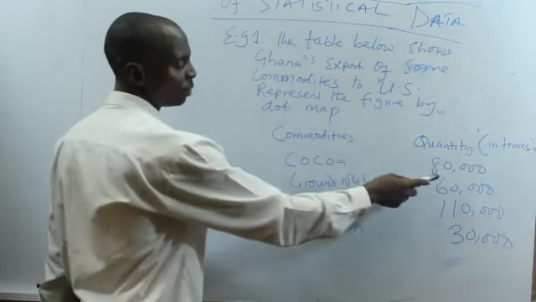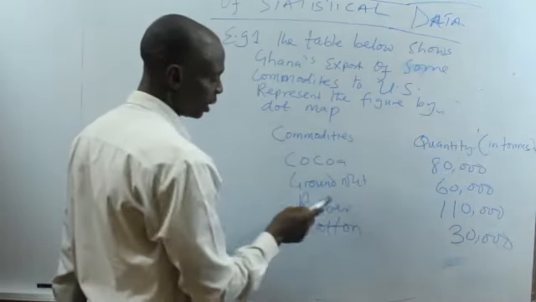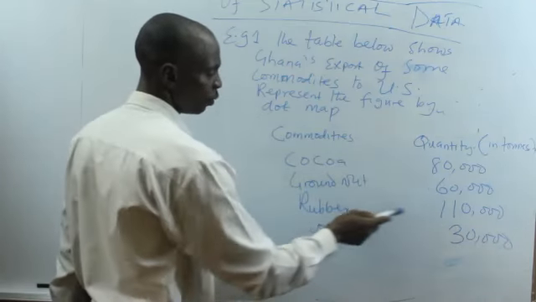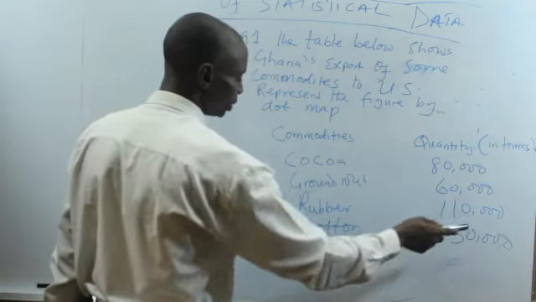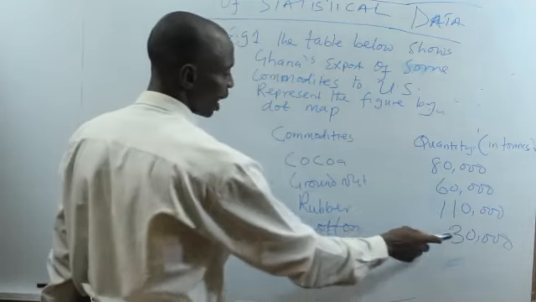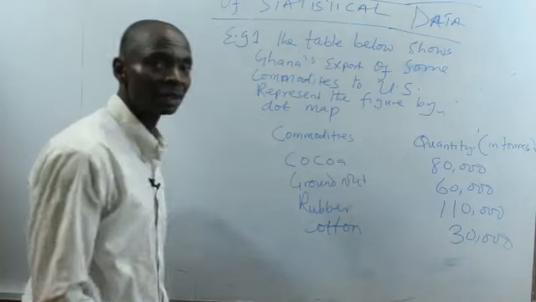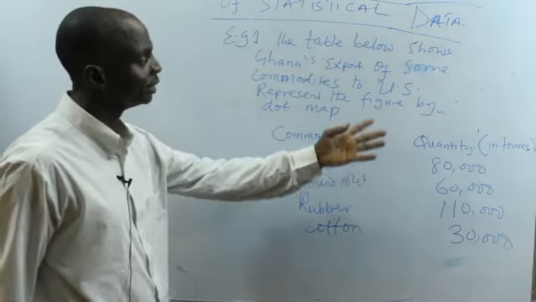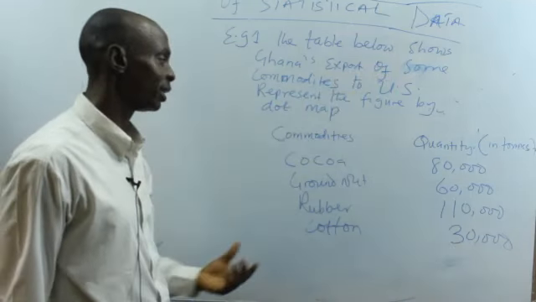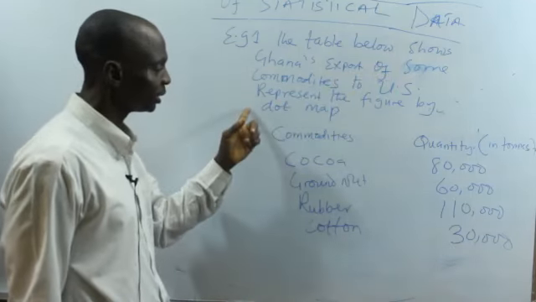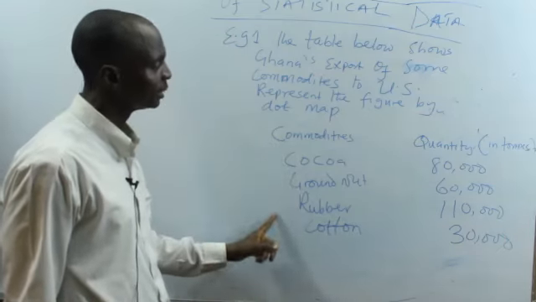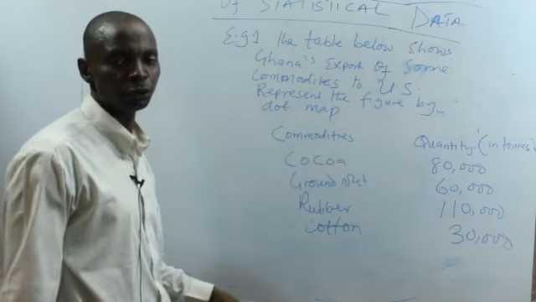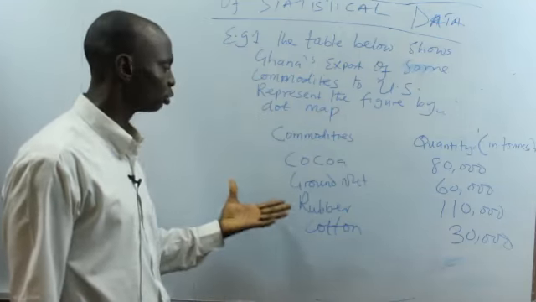Cocoa, we have 80,000. Granite, we have 60,000. Rubber, we have 110,000. Cotton, we have 30,000. Now these are the commodities that were exported to United States of America, and the question says that you should use this to represent dot map.